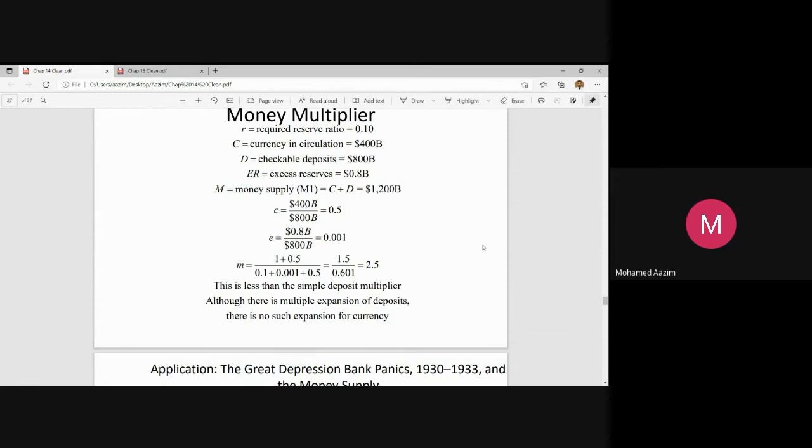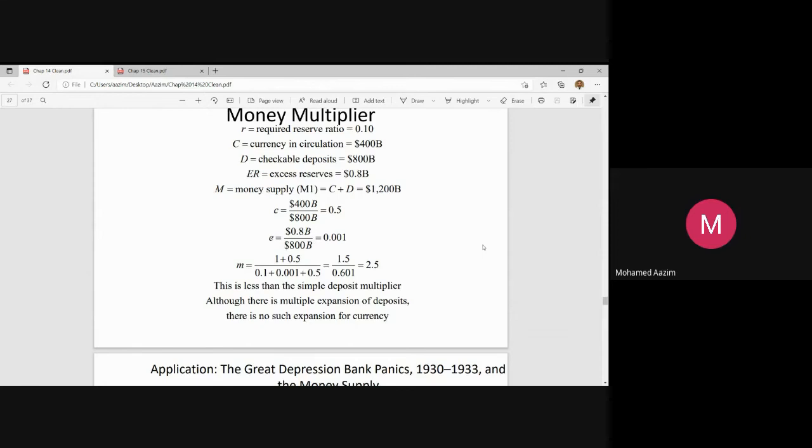This is nothing but 0.001. 1% of 800 is 8 billion. 10% of 800 is 80 billion. Right? So these are simple calculations. I'm just giving you a feel. 1% of 800 is 8, but this is only 0.8, a tenth of a percentage point.